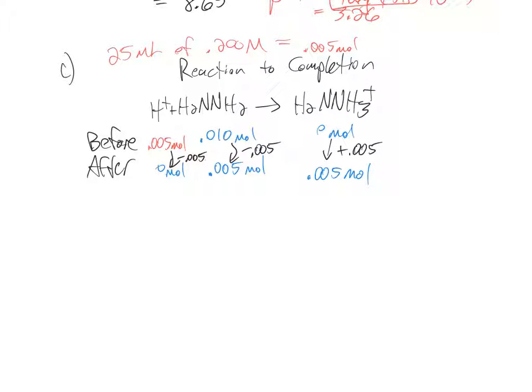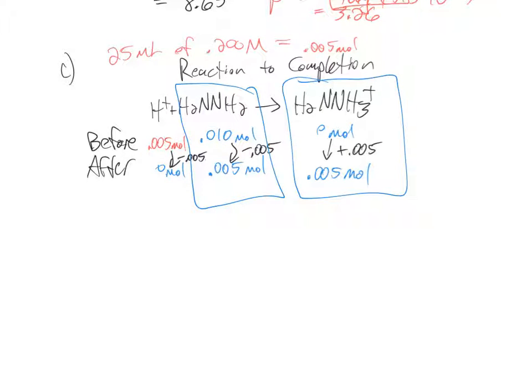Here's an interesting situation. We've got equal numbers of moles of both the weak acid and its conjugate base after the reaction to completion. This is the halfway point of the titration. We can still use Henderson-Hasselbalch here. But as we'll see, the pH is going to work out to be the pKa of the acid.